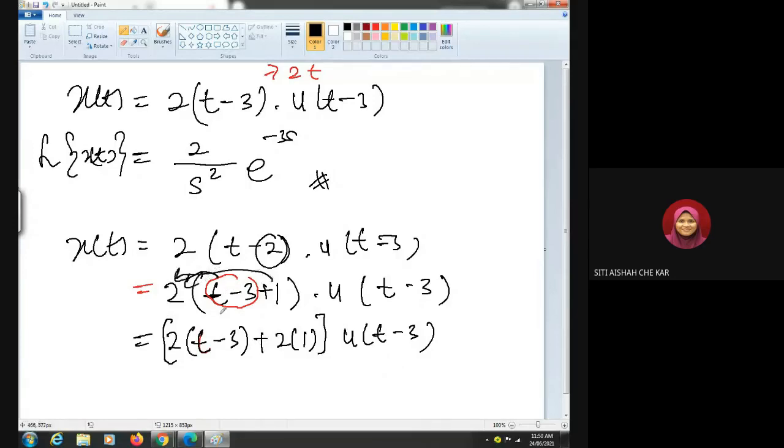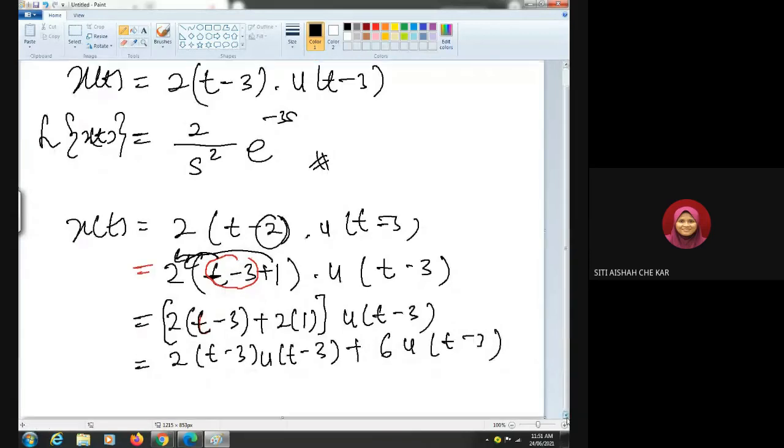Okay, now kita pecah lagi. Plus. So this is your modification.